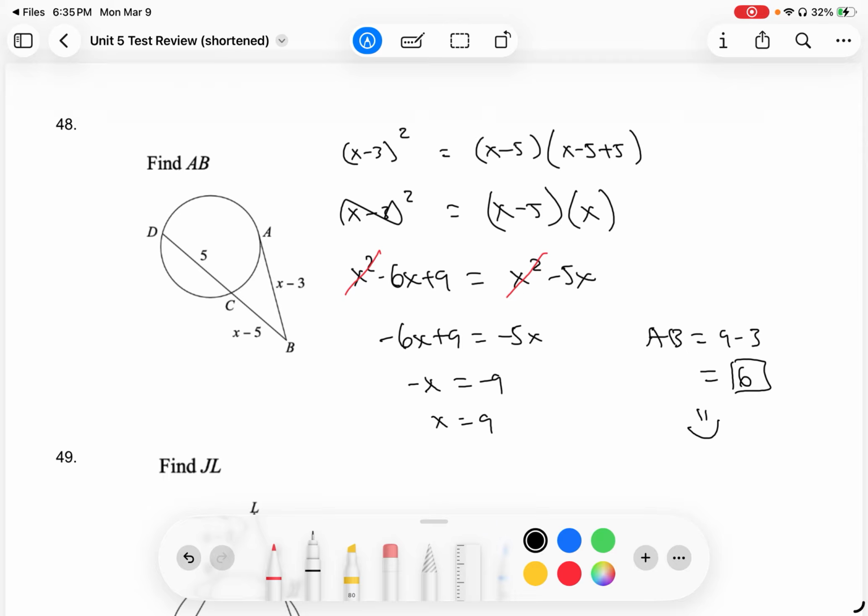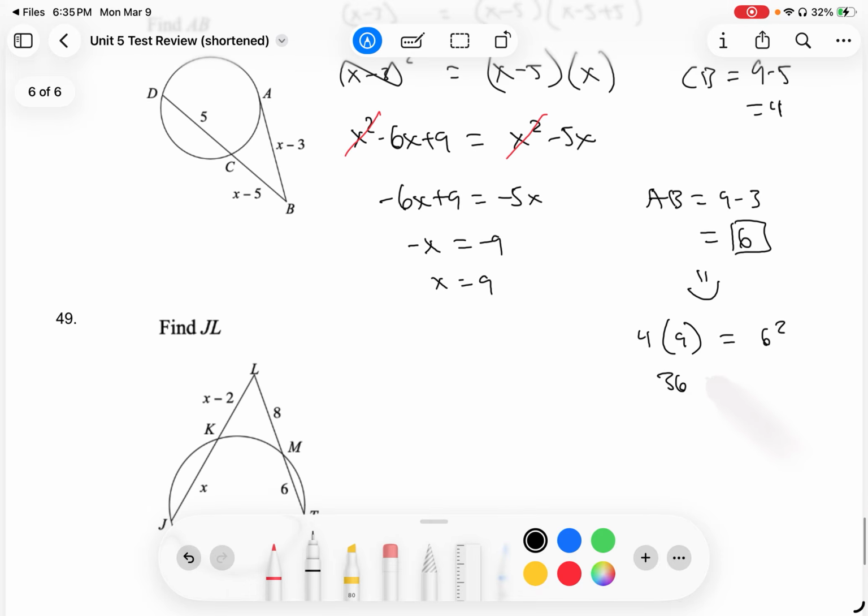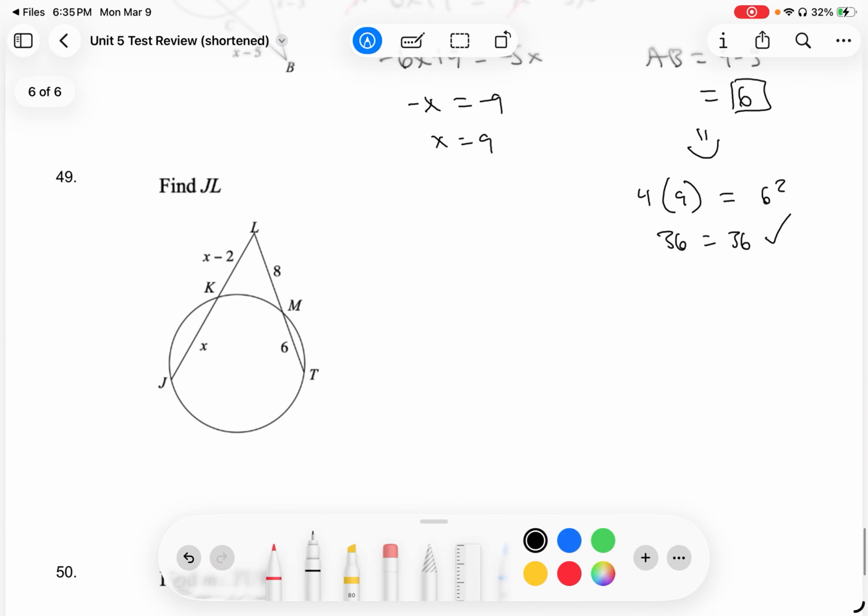By the way, if that's 6, then I know that CB would be 9 minus 5, which is 4. So I could check and see, is the exterior part of the secant times the entire length of the secant equal to the tangent squared? Yes, 36 equals 36. So that works. Find JL. Two secants.